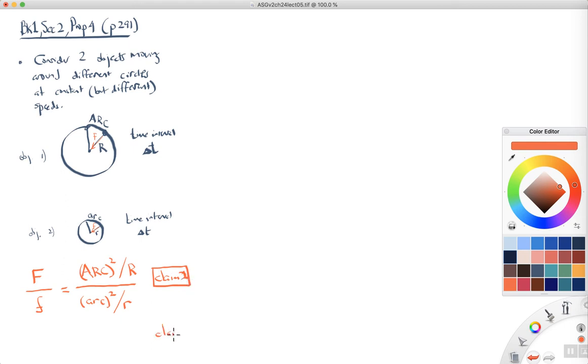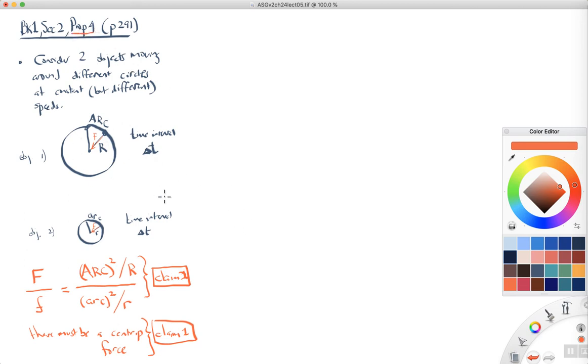Claim 1 is that there must be a centripetal force. And claim 2 is that in these two objects, the centripetal forces are related by this formula. That is what his proposition 4 is saying.